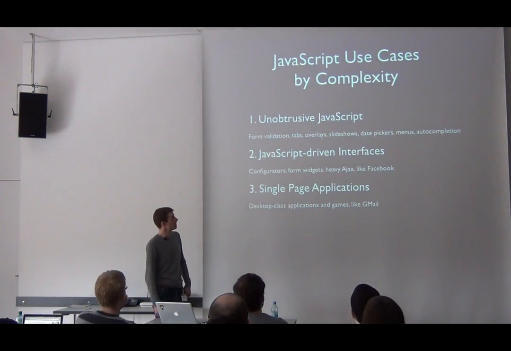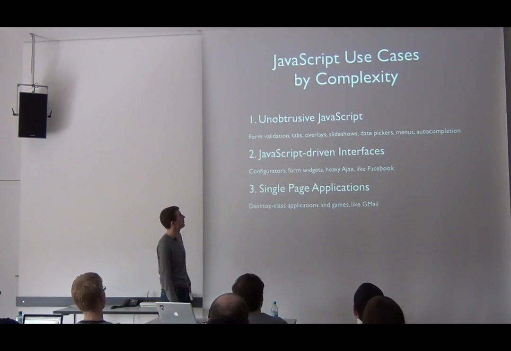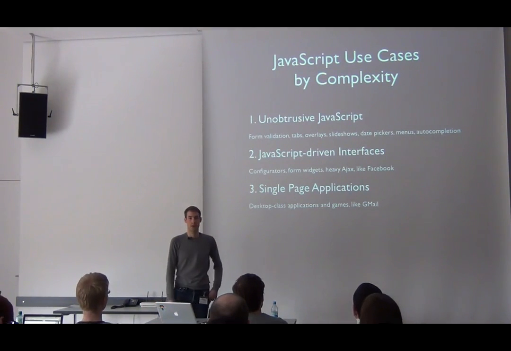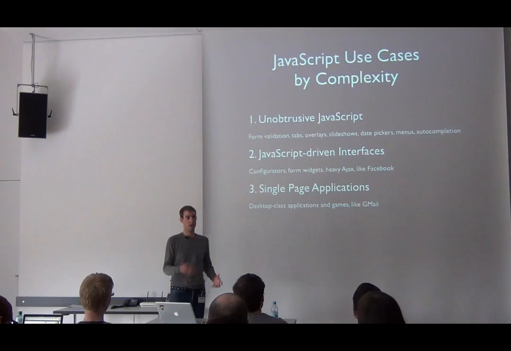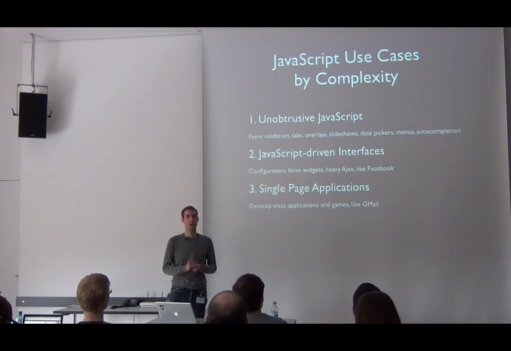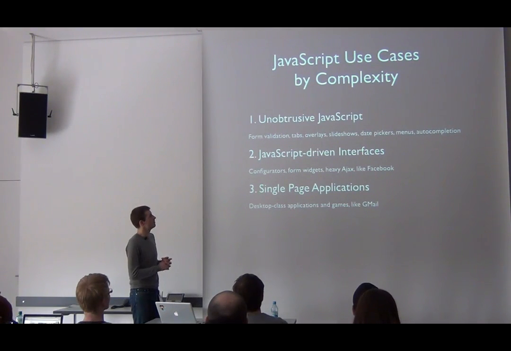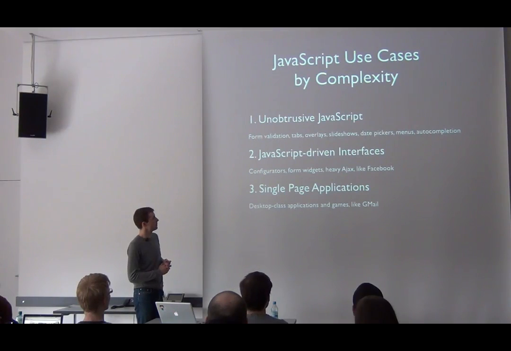First of all, I would like to categorize the JavaScript use cases in 3 categories. First, there are the simple JavaScripts, unobtrusive JavaScript. That means JavaScript is just used for progressive enhancement.